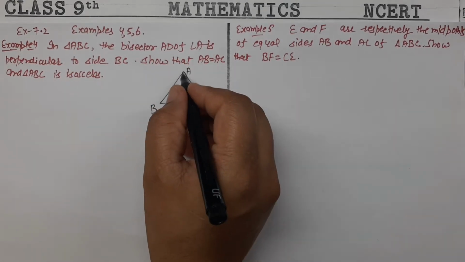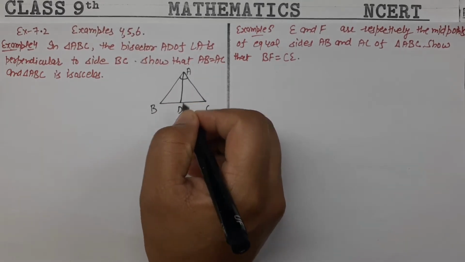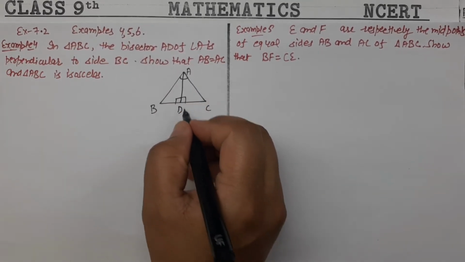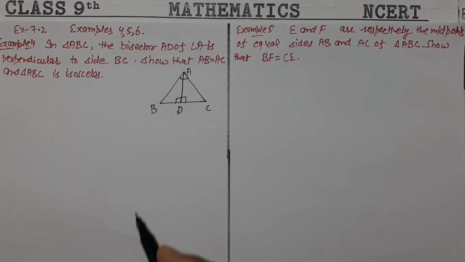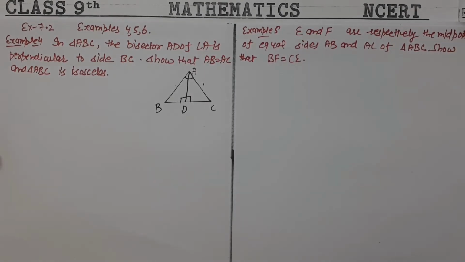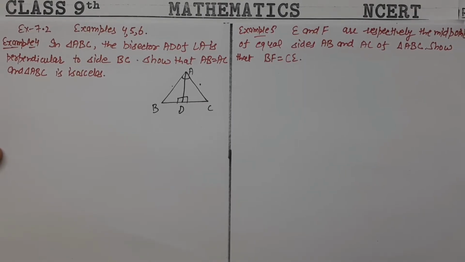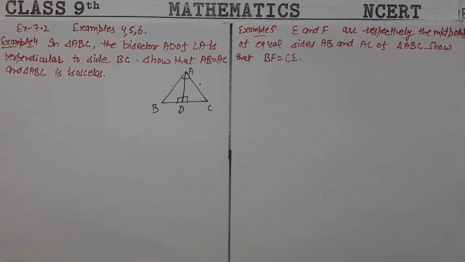Bisector of angle A is AD, which is perpendicular (symbol of perpendicular). Show that AB equals AC, so triangle ABC becomes isosceles.